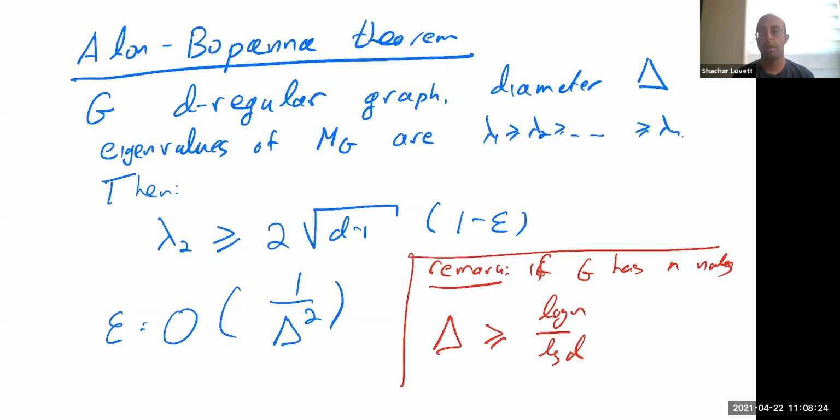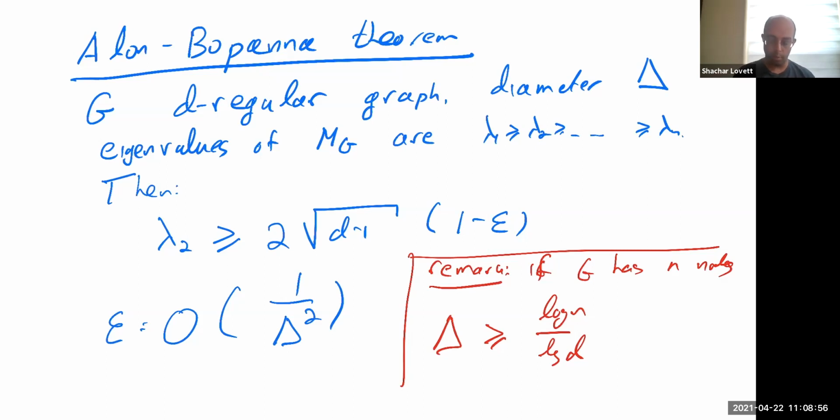Just think of the diameter as being some large parameter. If we keep the degree constant and we make the graph larger and larger, then the diameter will have to grow. The diameter is the distance between the two furthest away nodes in the graph. So we're only going to use the diameter to somehow control the error. The exact dependence of the error on the diameter is maybe less of interest to us. Just think of d as a constant, the graph is growing, so the diameter is growing. So that's one thing I want to point out.